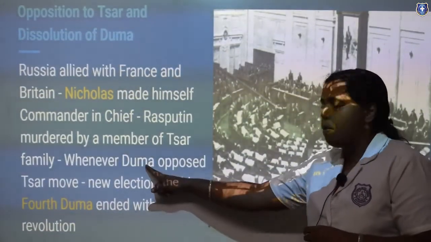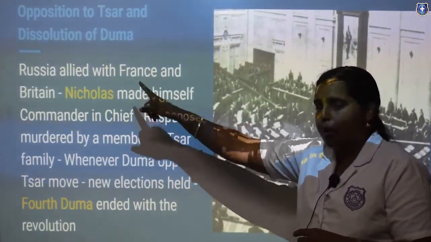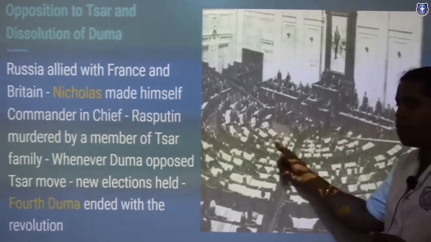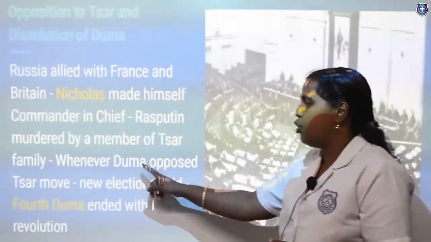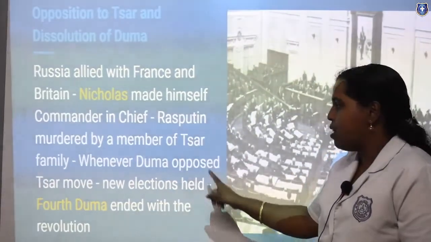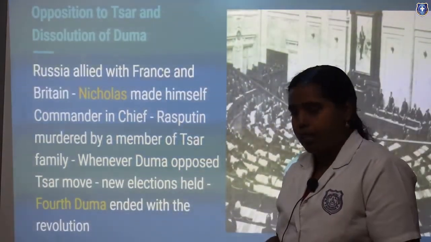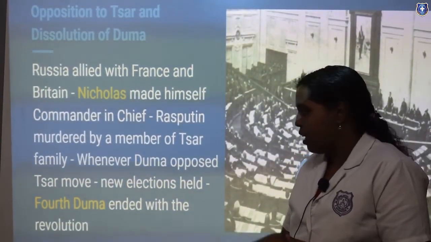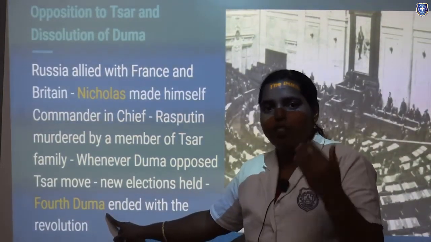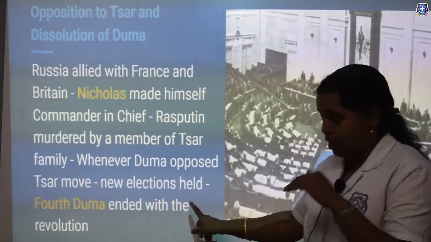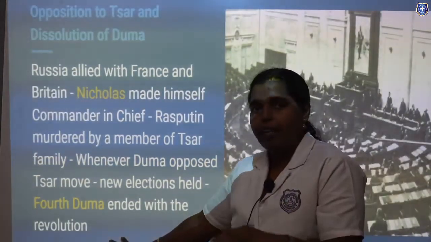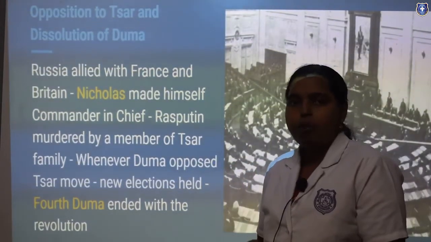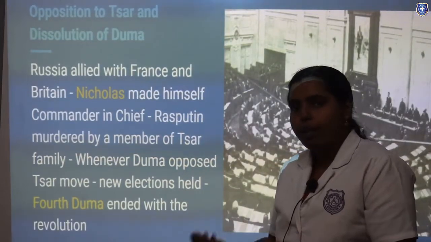And finally, the Duma, as I already said, dissolution of the Duma. Whenever wrong or unsatisfactory reforms were brought out in the Duma, it was opposed, and when the Duma was opposed, it would be dissolved and new elections held. So they often had elections, and with the fourth Duma, that is the fourth dissolution, the Duma came to an end because of the revolution, because people saw that the Duma was not beneficial to them or doing any good for them.